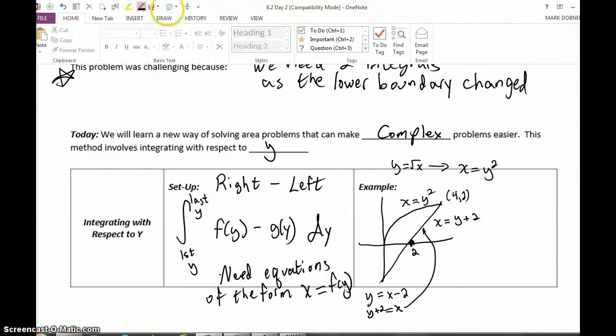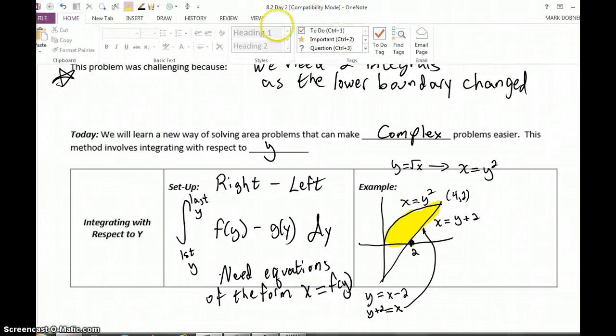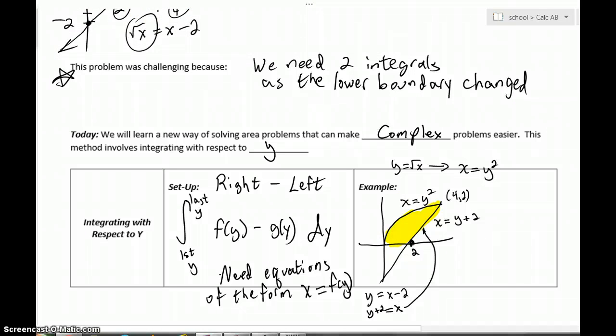How would that help? Well, it would help tremendously because right now as I'm looking at this yellow region, if I were no longer looking at a top minus bottom connotation, if I were building rectangles going in a vertically stacked kind of a setup, I could always have a right minus left connotation, and the right and left boundaries wouldn't change.